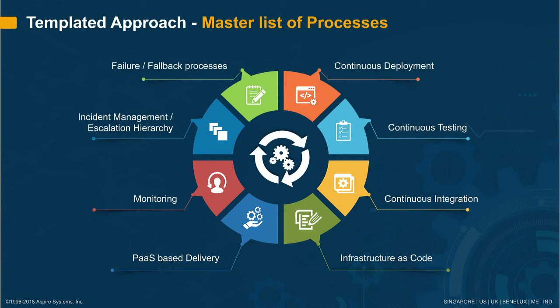We've already looked at continuous deployment. Basically, you want to deploy as soon as there is a change in your code or product or a component or a module, and make sure that it works fine. Continuous testing. When there's a change, you make sure that you test it against your standard set of regression tests. Make sure that your product adheres to all your functional requirements and nothing is broken.